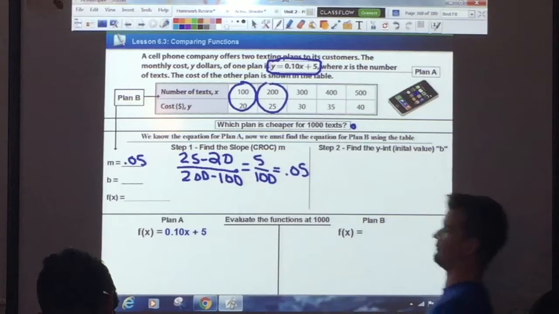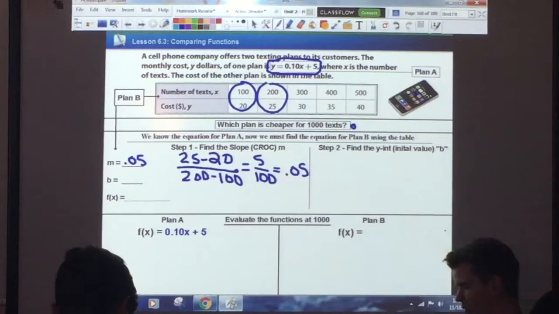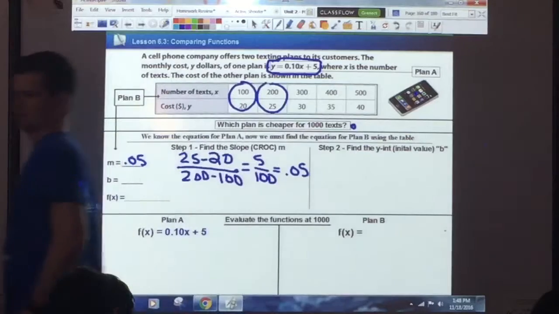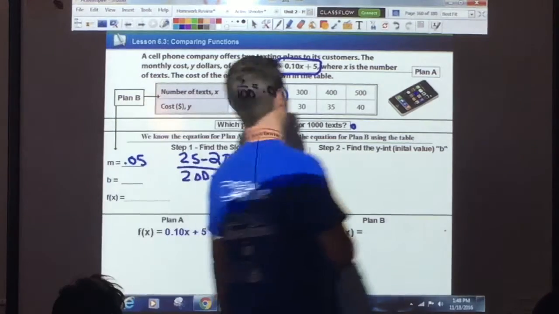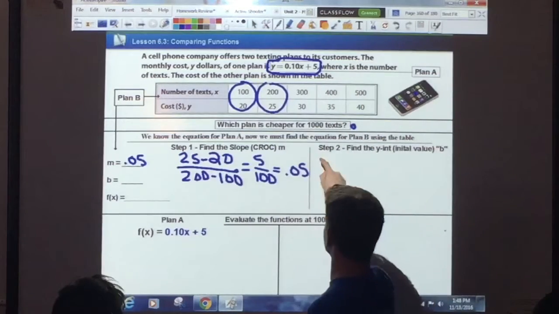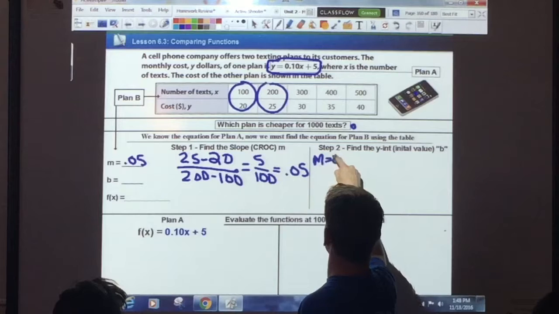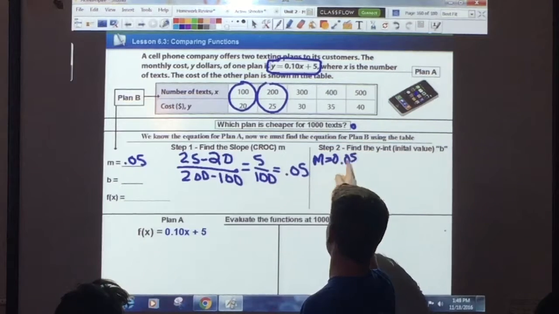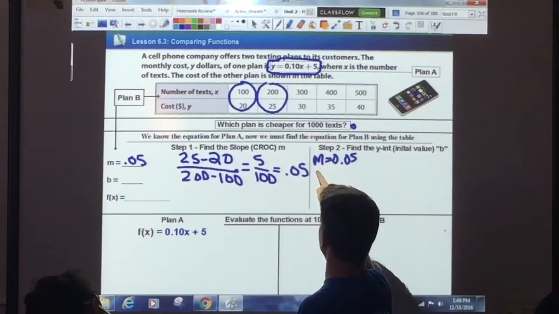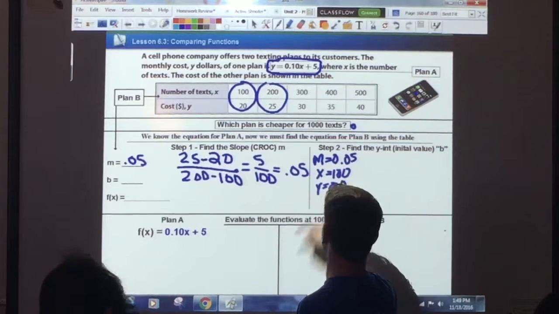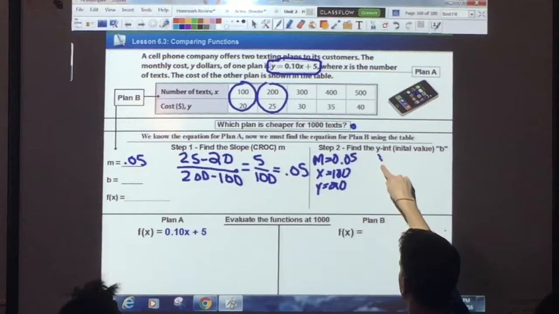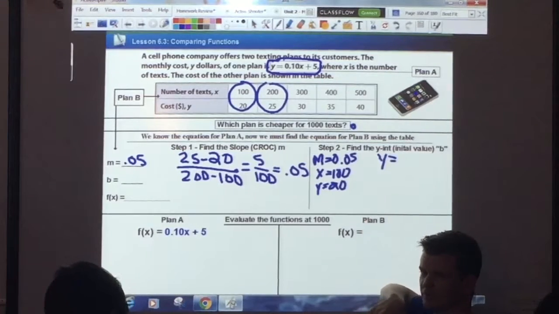All right, so now that we know the M, we must find the B. Maria, to find the B, we know the M. What coordinate pair do you want to use for us to find the B? 100, 20. Okay, 0.05 is the same as that. So x is 100, y is 20. Then I write my equation. Does it matter which coordinate pair we use for this?